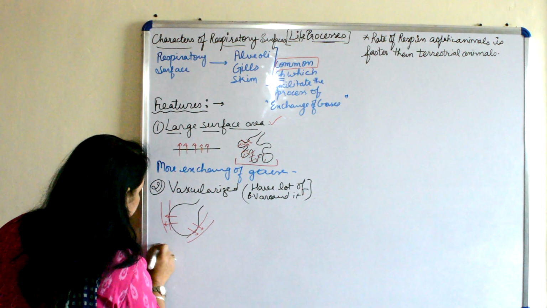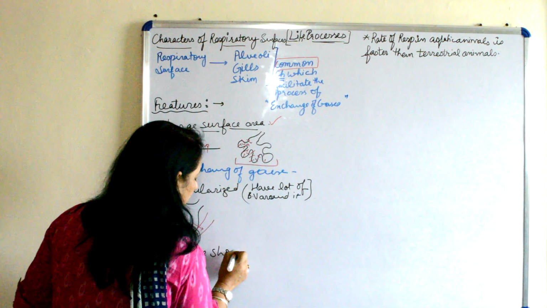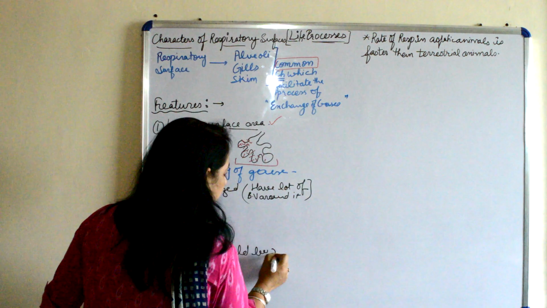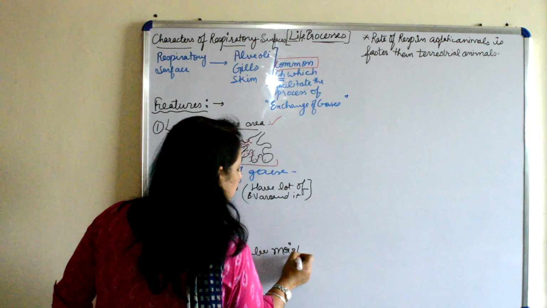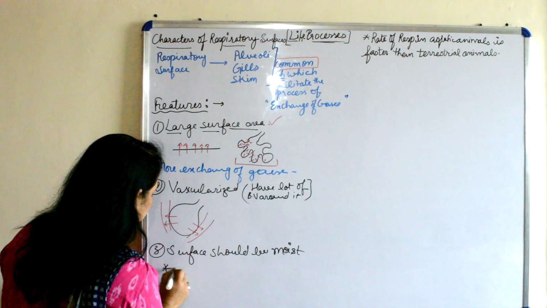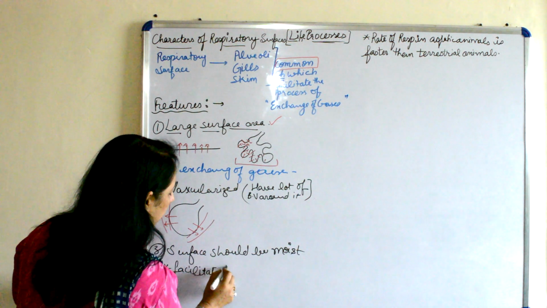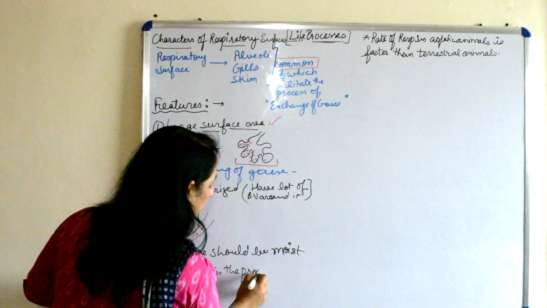Next is the surface should be moist. Why is a moist surface preferred? Because this moist surface facilitates the process of diffusion.